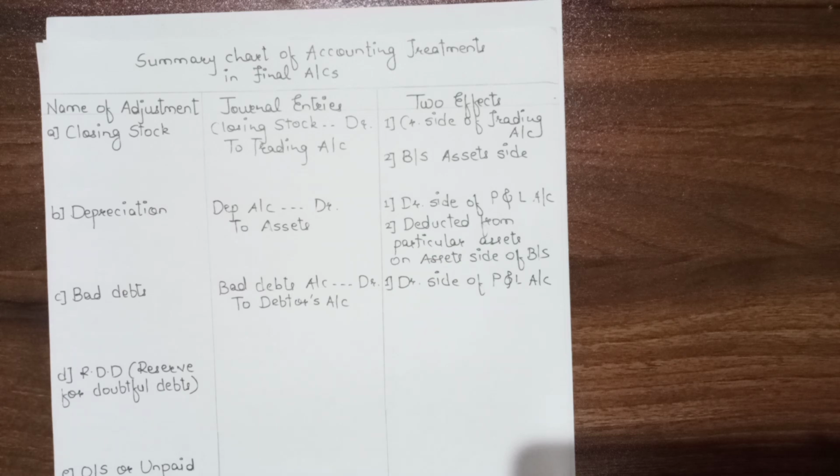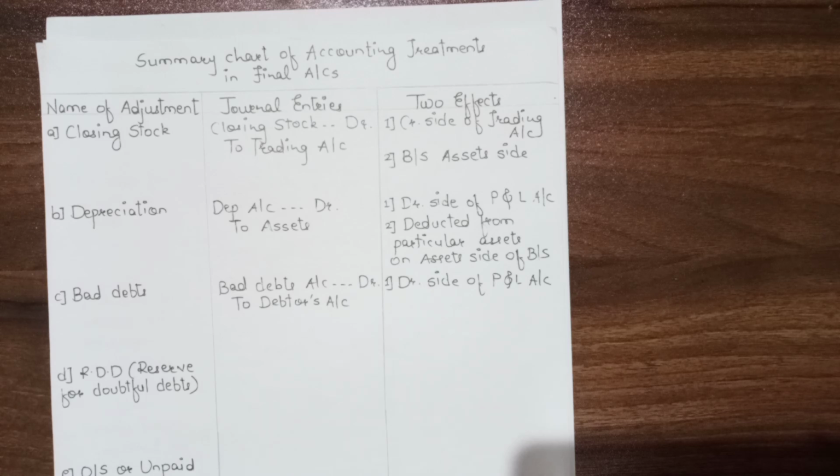If there is a new RDD or bad debts, you have to add it in the new RDD. Like if new RDD is given in the adjustment or in the question, or you have to calculate it, you have to add these old bad debts into that new RDD.